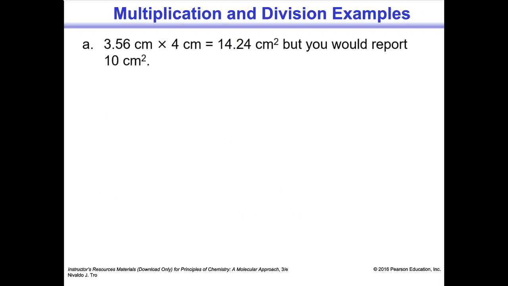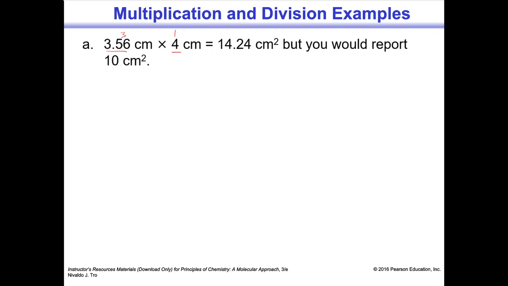First let's look at multiplication and division. We would say 3.56 times 4, and our calculator would tell us something like 14.24 centimeters squared. But we only want to report the fewest number of sig figs in any one number we have. Here we have 3, and here we just have 1.